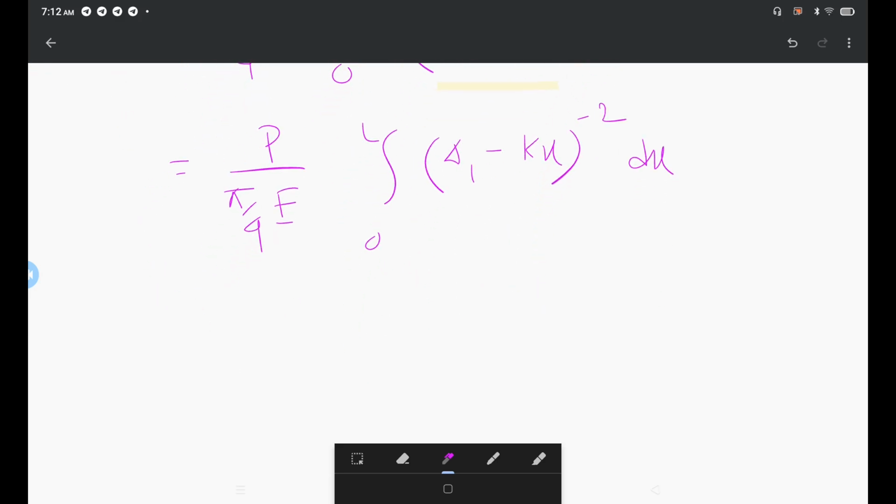We know that the integration of x^n is x^(n+1) upon n plus 1.